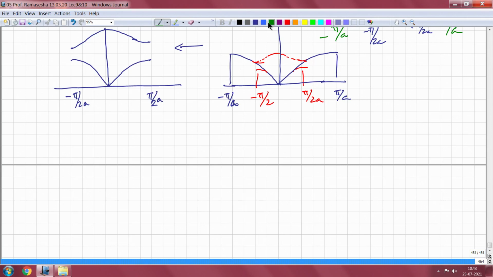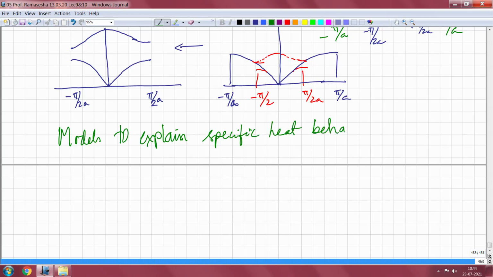Now having said that, I want to say that there were models to explain the specific heat behavior of insulators and metals.